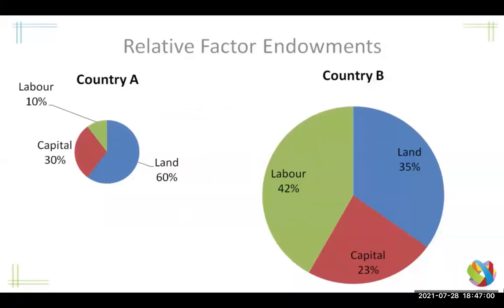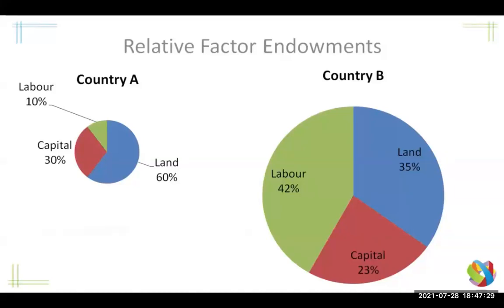So a lot of labour means that labour is relatively cheap, so therefore you would have an advantage in products that use labour. And likewise for country A. They have a lot of land relative to the other factors, therefore because it is abundant and plentiful, it's probably going to be cheaper than the other things. And so therefore they will be able to use this factor as an advantage for production and export.